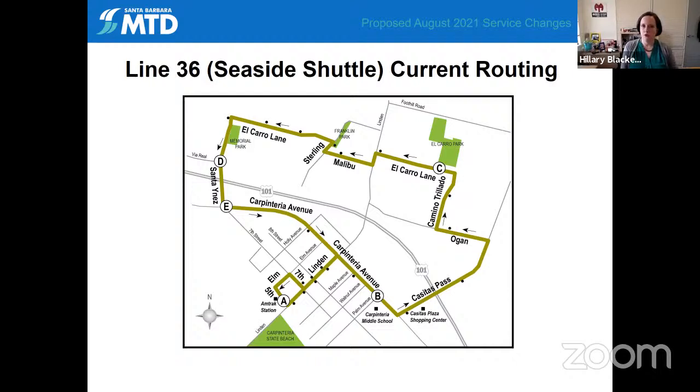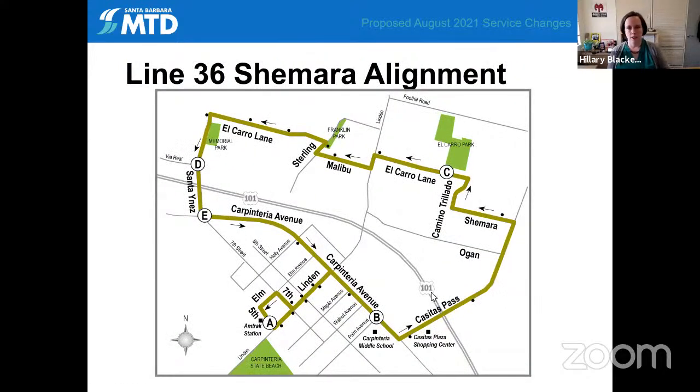There are two routes that we looked at that we think could be feasible. The first one is, instead of going onto Ogan, it would turn onto Shemara. The dot here shows the location where a new stop could be placed, at Shemara and Haida. I apologize, I don't have the street on this map. There's a little space there.